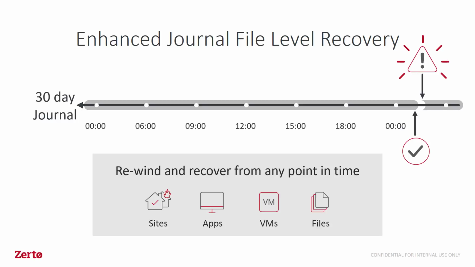So if you want to go back 5 minutes, 5 hours, 5 days, or up to 4 weeks, 30 days back, you can now go back to those different checkpoints within Zerto and get a perspective on what things looked like at that point in time without having to fail over, without having to turn the VM on.